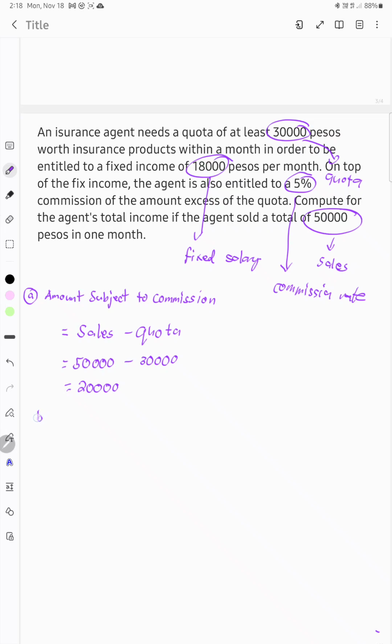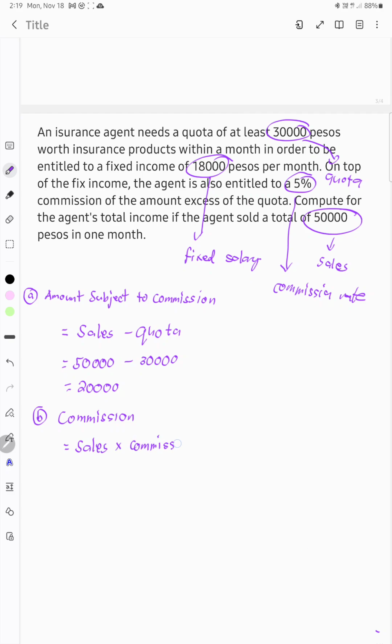Now, the second part is that we want to get the commission. Once again, the commission is the sales times the commission rate.